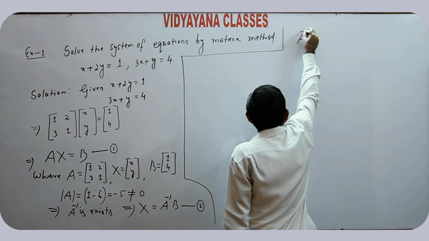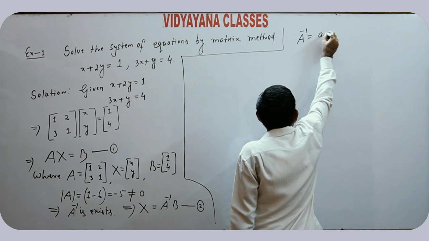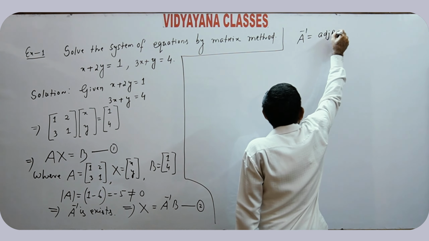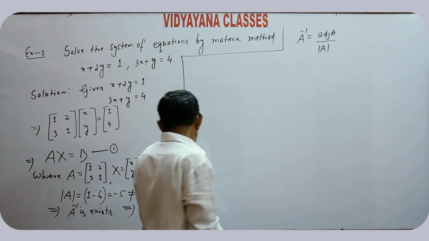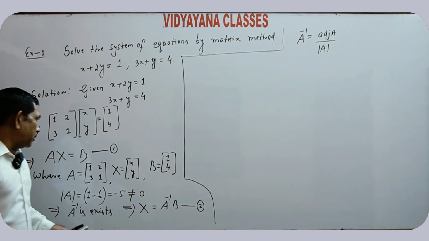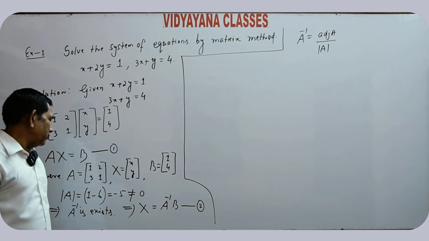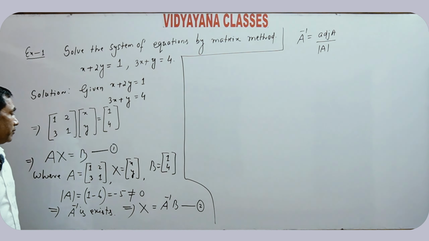A inverse is equal to adjoint A divided by A determinant. Since A determinant is not equal to 0, A inverse exists.